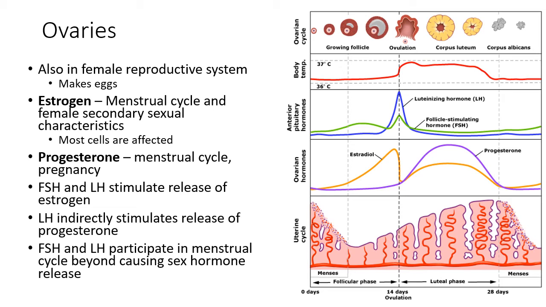FSH and LH both are responsible for causing the release of estrogen from the ovaries. LH also stimulates the release of progesterone, but it does it indirectly. And then FSH and LH both have other effects. They both participate in controlling the menstrual cycle. So they're not just responsible for causing the release of estrogen or progesterone.